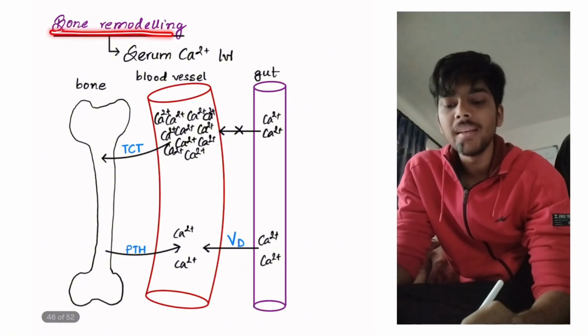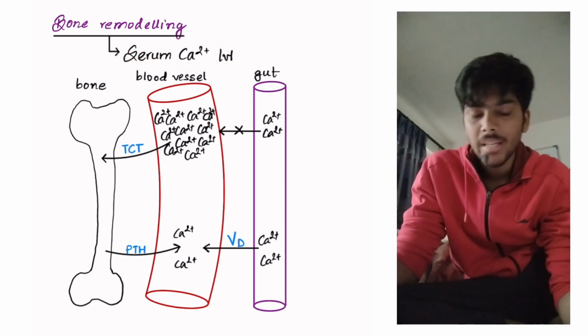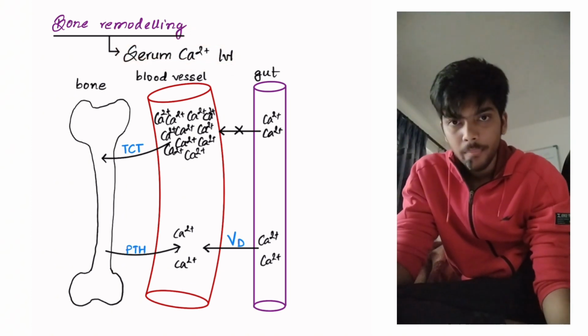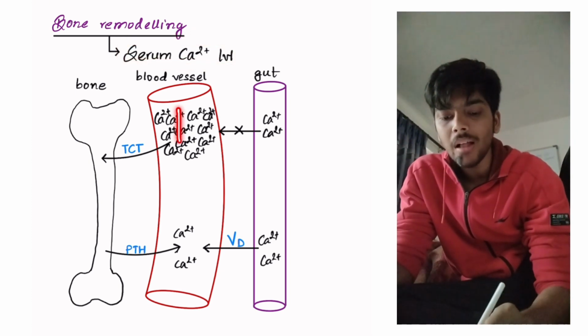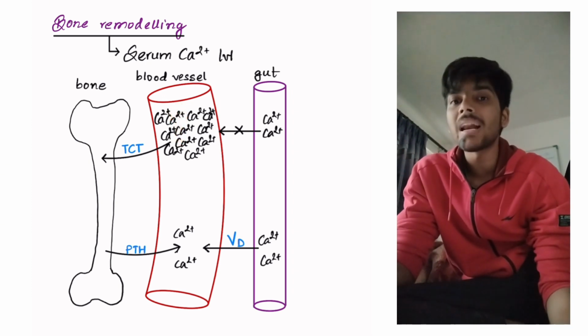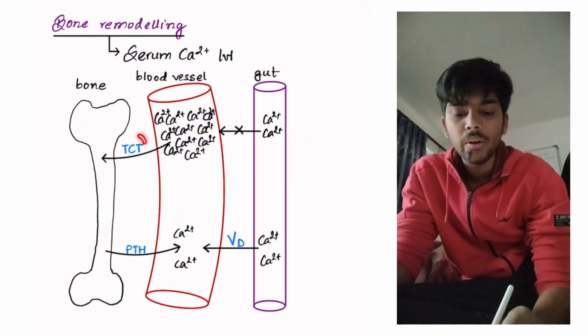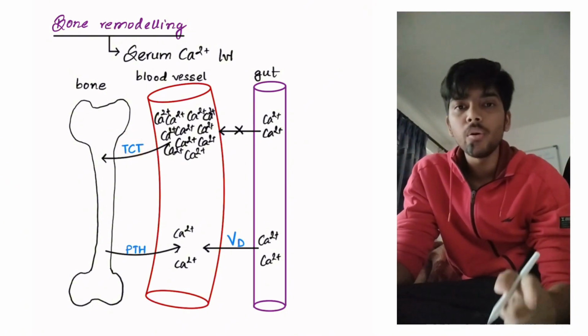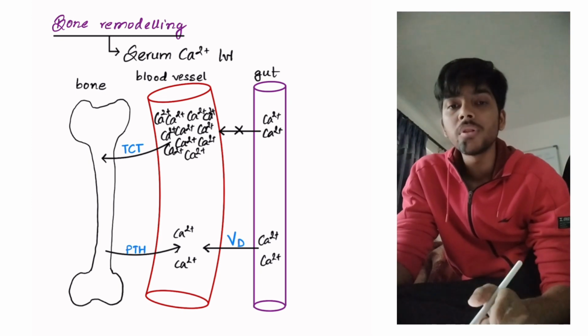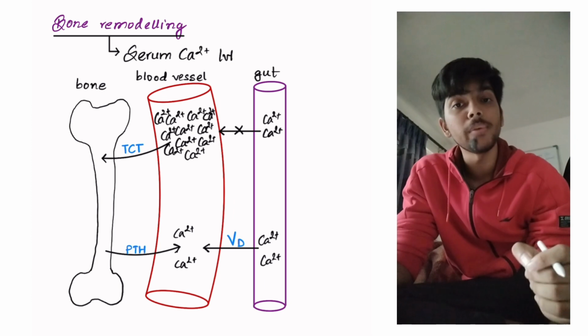Bone remodeling is dependent on serum calcium level. For example, if in your blood the level of calcium is more than normal, it triggers the parafollicular cells of your thyroid gland to produce thyroid calcitonin. Thyroid calcitonin promotes osteoblastic activity, that is, the activity of formation of bone.